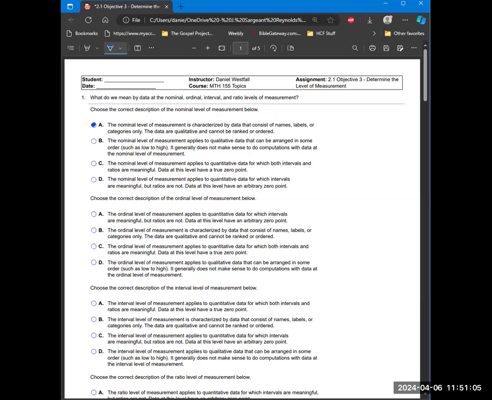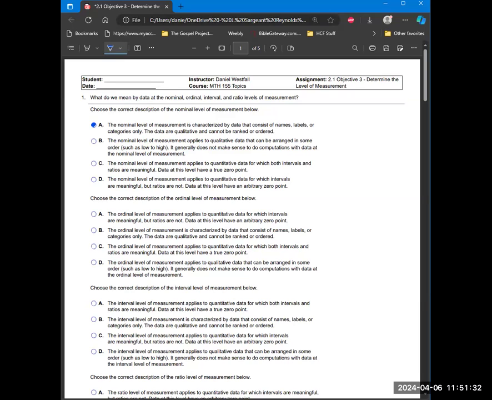So that's A. Choose the correct description of the ordinal level of measurement below. The ordinal level of measurement applies to qualitative data that can be arranged in some order, such as low to high. In general, it does not make sense to do computations with data at the ordinal level of measurement.